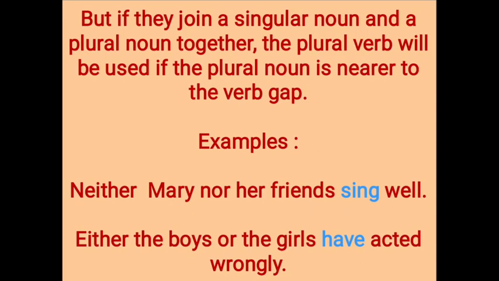In these two examples, her friends and the girls are nearer to the verb gap. That is why you have sing, which is a plural verb, occurring after her friends.